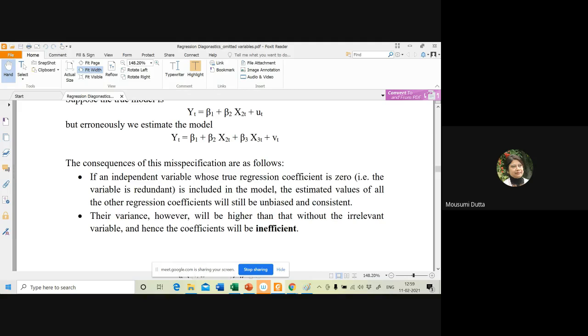Their variance, however, will be higher than without the irrelevant variable, and hence the coefficients will be inefficient. So here, the main issue will be the variance-covariance matrix of the estimated coefficients. Estimated values will still remain unbiased. However, the main problem is regarding the variances and covariances.